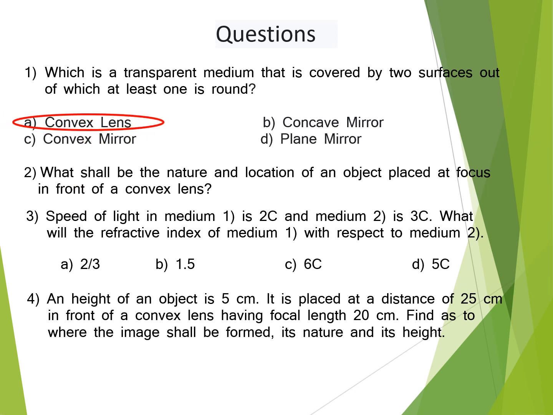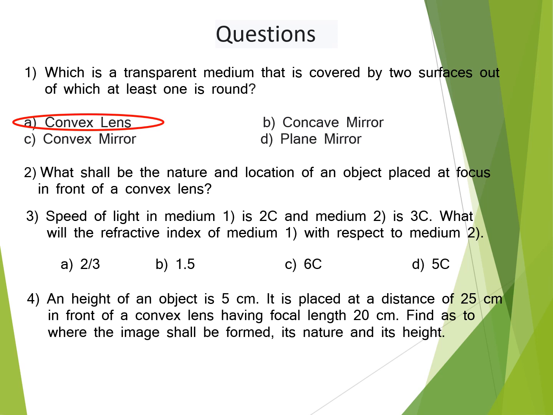Right? Then the second question is, what shall be the nature and location of an image of an object placed at focus in front of a convex lens? If you recall, we have studied that if an object is placed at the focus point of a convex lens, then one light ray parallel to the principal axis shall pass through the focus point of the lens after refraction.